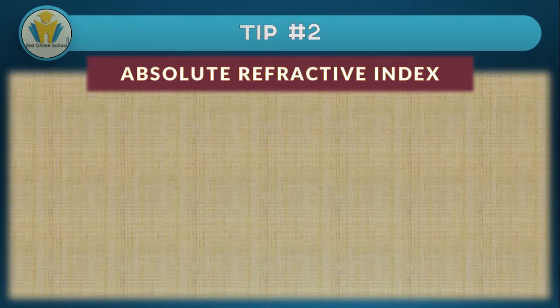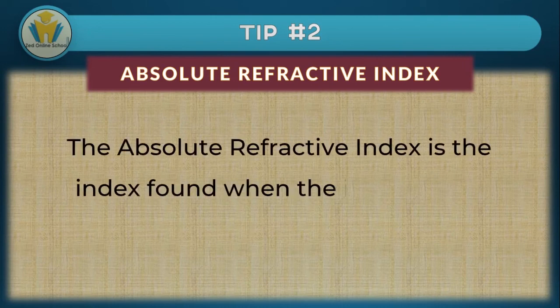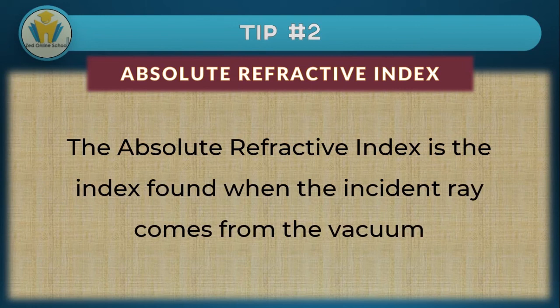The second tip is about absolute refractive index. Whenever you see this term as you are studying refraction, always remember that this is just simply referring to when we have an incident ray coming from a vacuum, or simply the refractive index when refraction happens in a vacuum.